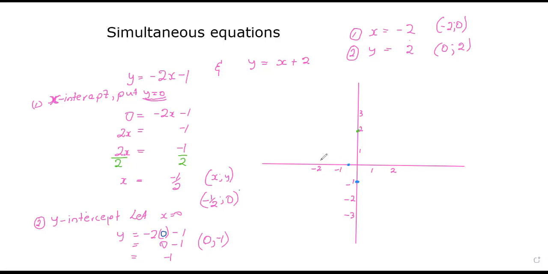When x is minus 2, let's join the dots. Right. And then we go to this one here.